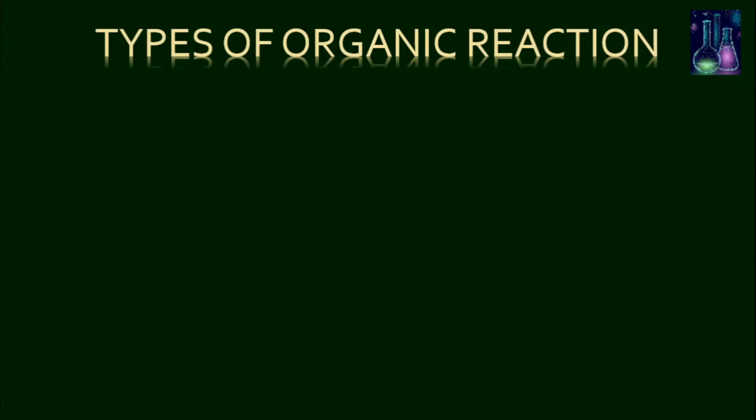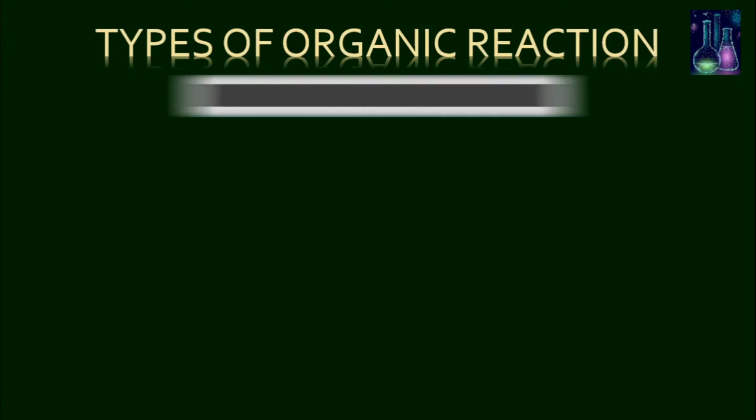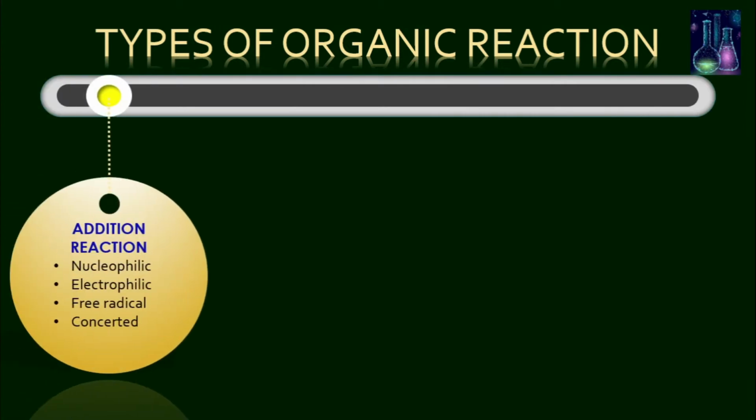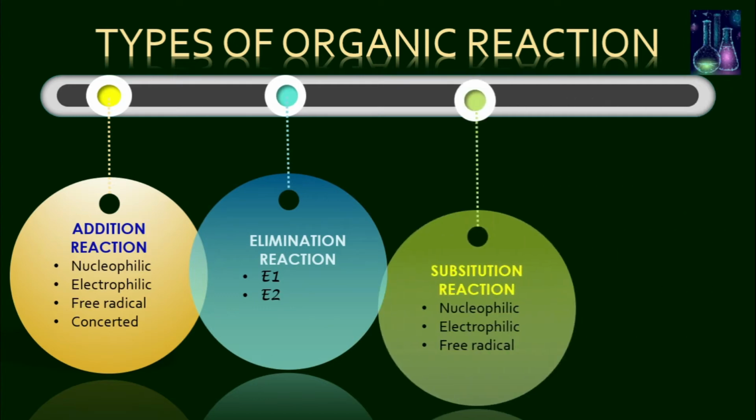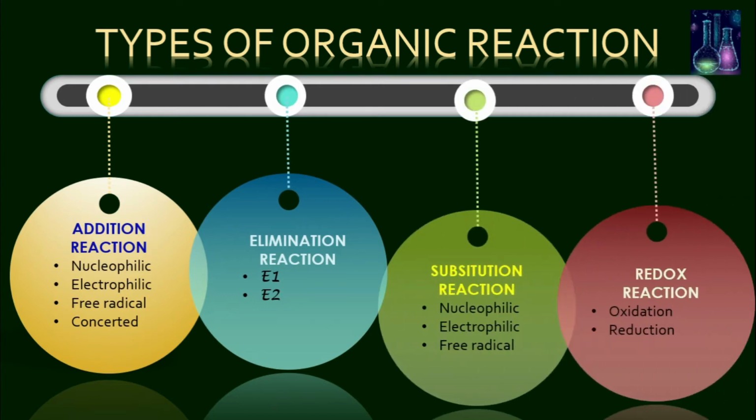Now, there are various types of organic reactions. I have selected the broad categories. The first one includes addition reaction, second elimination reaction, third substitution reaction, and fourth redox reaction. Each type of organic reaction is subdivided into various subcategories.